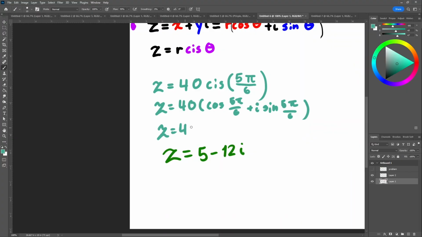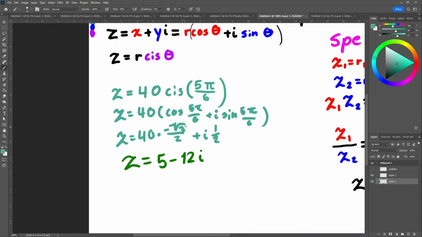Z equals 40 times cosine of 5 pi over 6, which is negative root 3 over 2, plus i times 1/2. Need parentheses there.